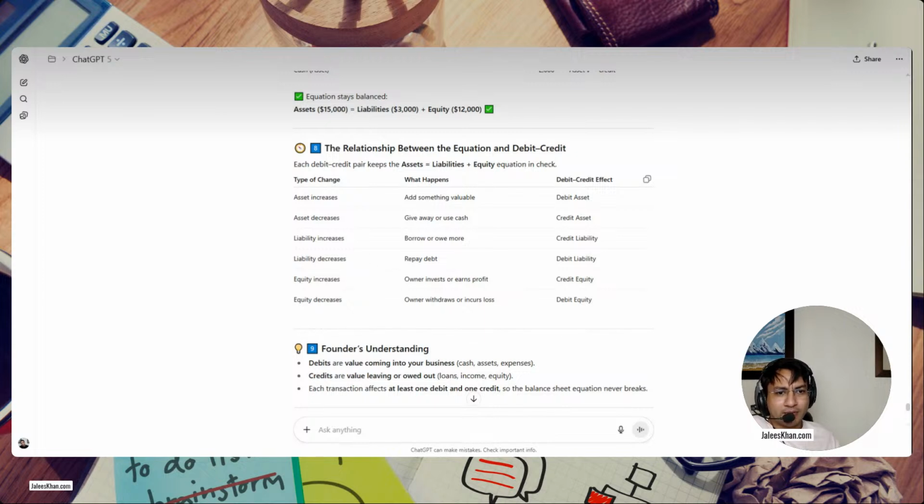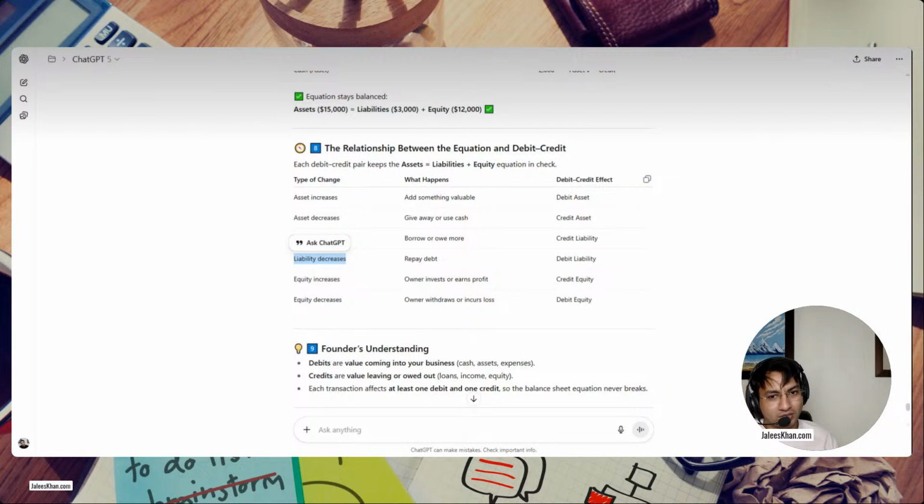Okay, liability decreases, if we pay it, it is debit liability. What we did is repay the debt, so the amount goes away from our side, and I think it should be credit here, because the liability section is giving away the value.